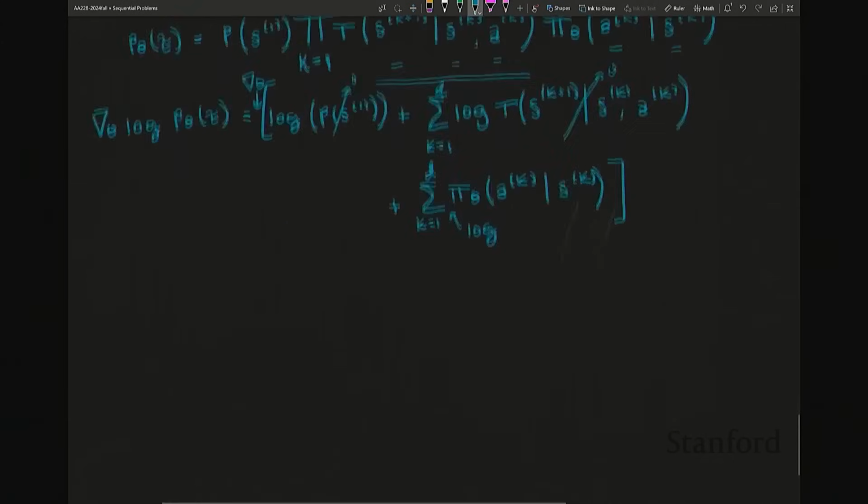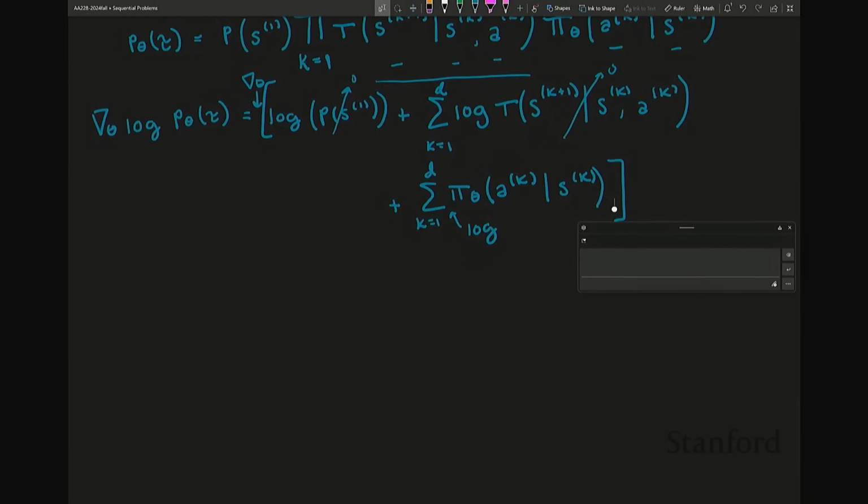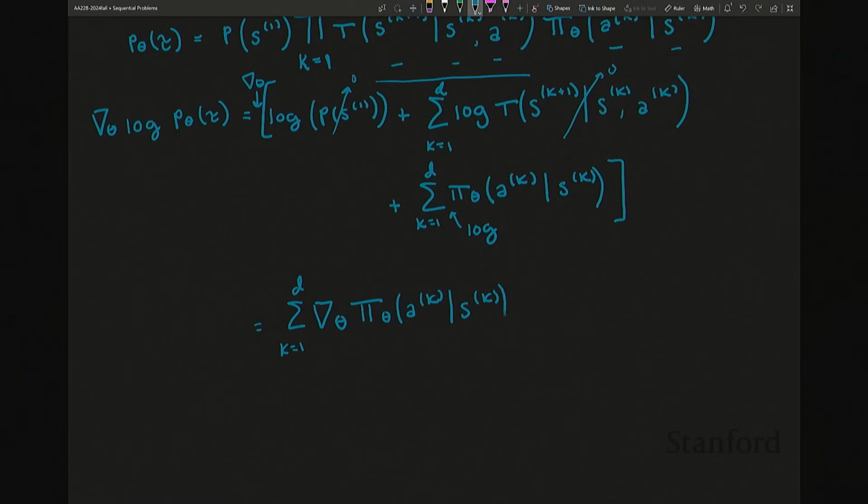And now the expression that we're left with is just this summation, and this gives us another option for estimating.